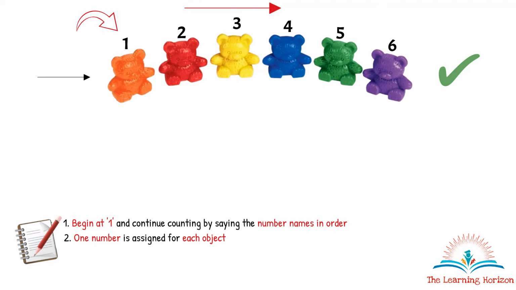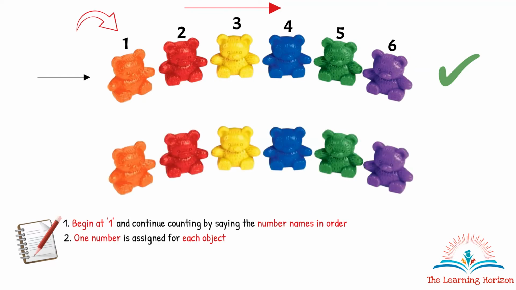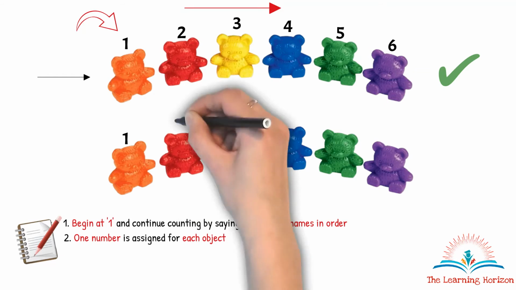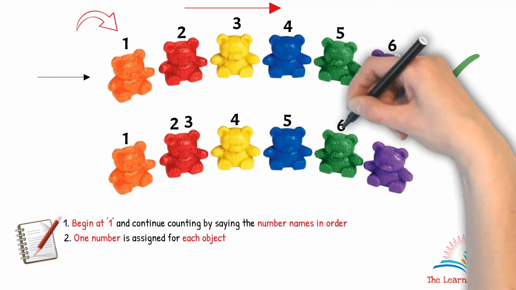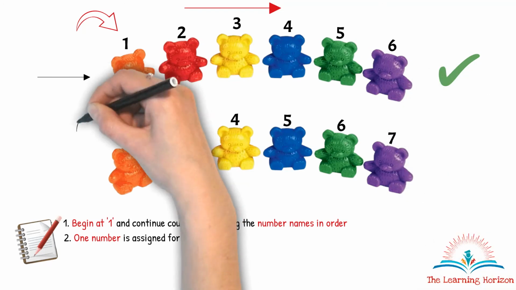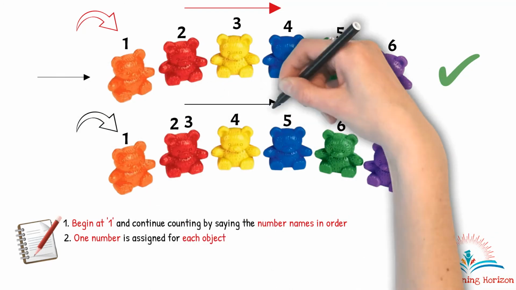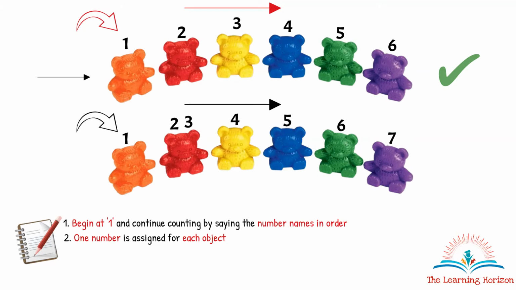Now, let us take the same set of bears and count again. 1, 2, 3, 4, 5, 6, 7. I started counting from 1 and the numbers are in order. So we followed our first rule of counting.